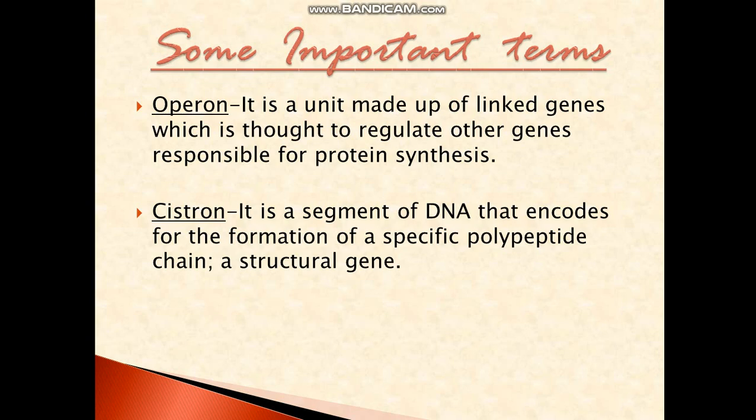Clear? So these conceptual things I have told you today, and in the next class I'll be telling you what actually happens and how the process is regulated, what happens in the bacteria which governs the synthesis of certain proteins in the particular Escherichia coli bacteria.